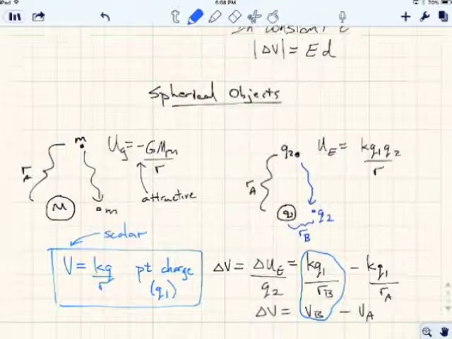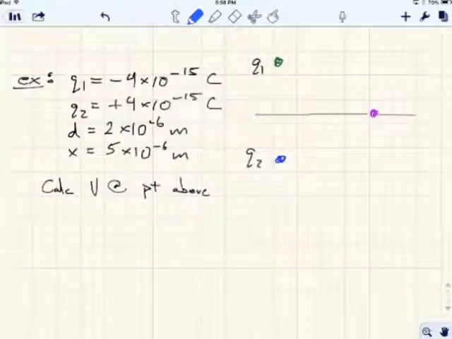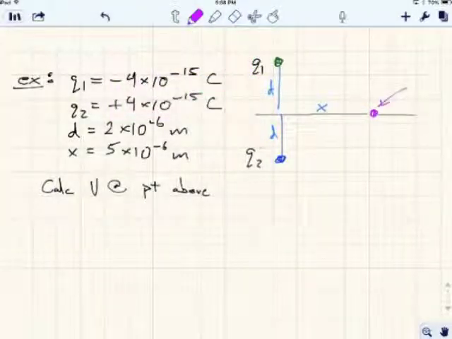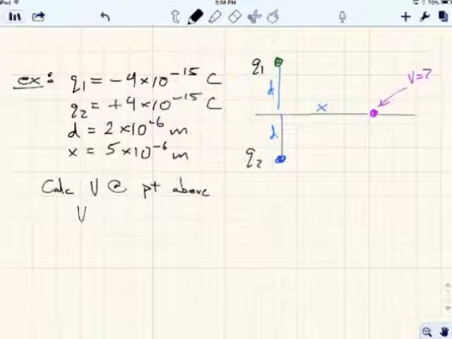So let's revisit this problem that we had yesterday, where we had 2 point charges equidistant from the central axis. So, and I'll label these distances again. That was our D, that was the D. The length along the axis is x, and if I want to calculate the electric potential at this point over here, then what I want to do is calculate the electric potential, the contributions from each of the charges.